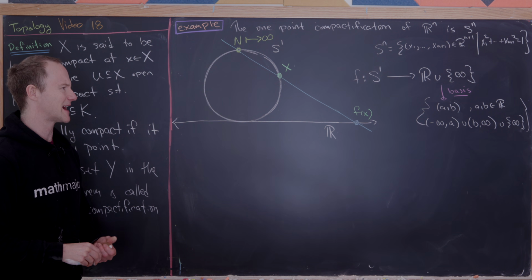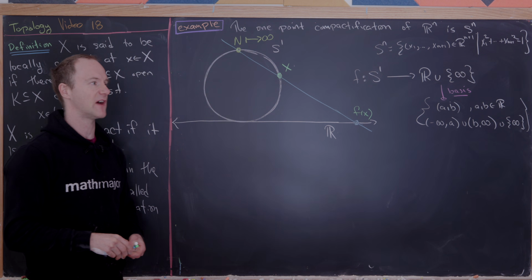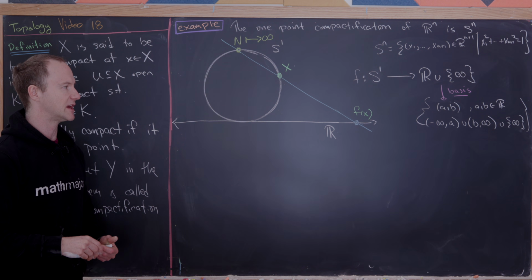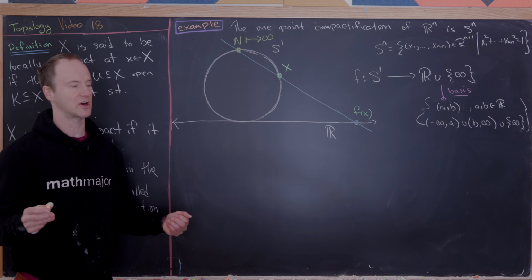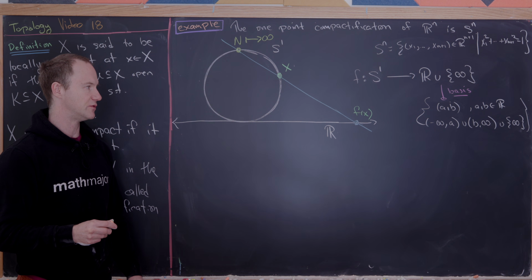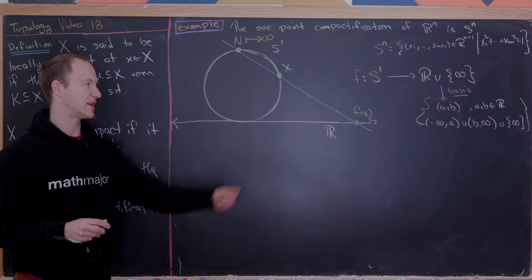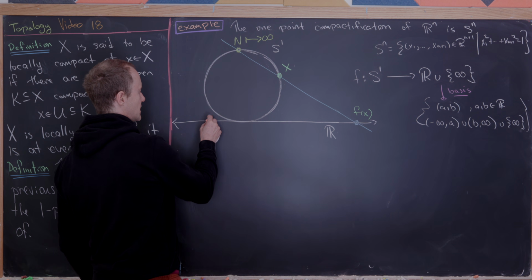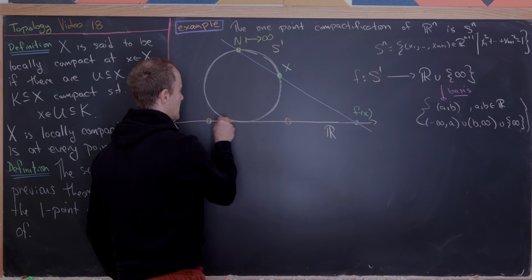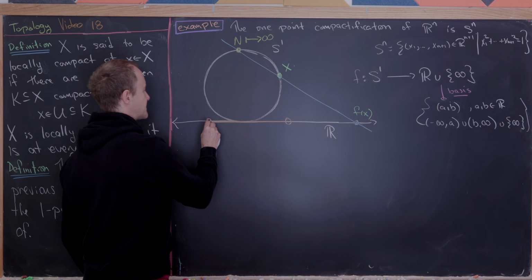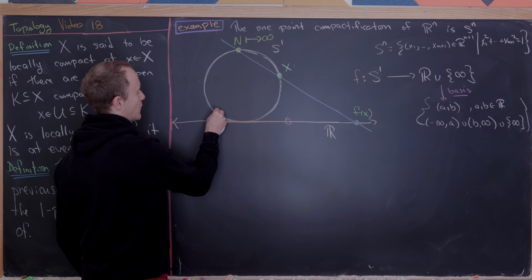Now we can graphically check that this is in fact continuous by looking at pre-images. We don't even have to look at an arbitrary open set in R union infinity; we just have to look at an open set from the basis. So if we had an open set like this in the real line, its pre-image is pretty obviously of this form right here.